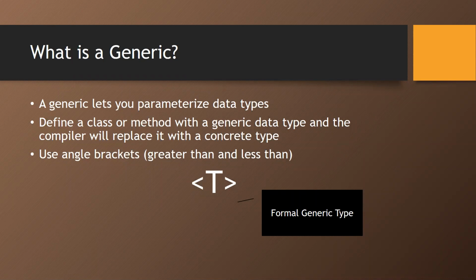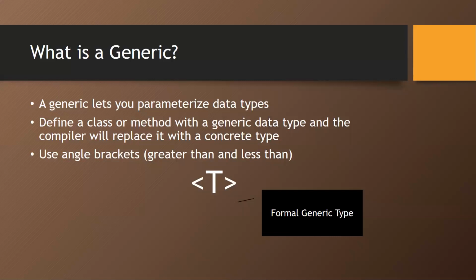We use these angle brackets, the diamond brackets, the greater than and less than, to specify a generic. And a generic indicator is usually placed, the uppercase T and uppercase E are pretty standard, but you could actually put any letter there inside of those angle brackets, and that would become your generic specifier. Now you have to be careful. That's why we use an uppercase T and an uppercase E. That's just sort of what's become common practice.